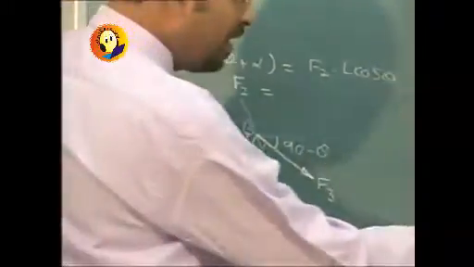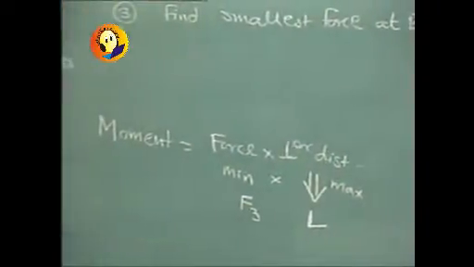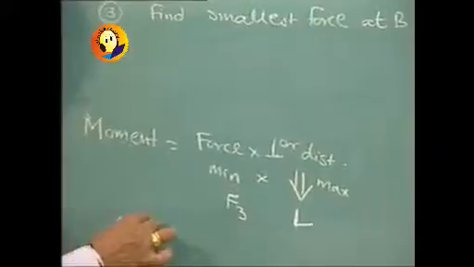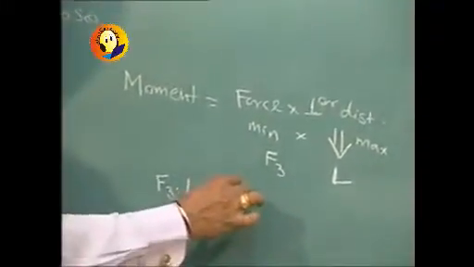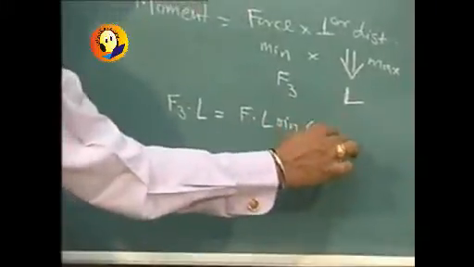Ultimately we find that force F3, which is going to be the minimum force, has its direction perpendicular to link AB, and therefore F3 can also be calculated, because we now get the formula F3 into L is equal to F into L into sine of (theta plus alpha).